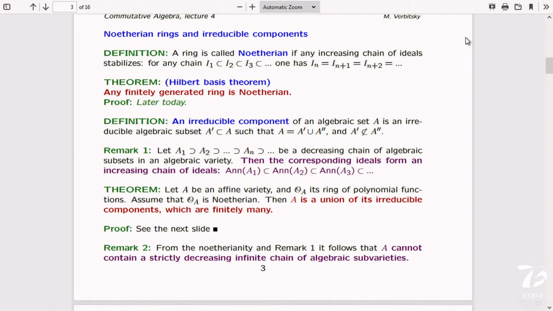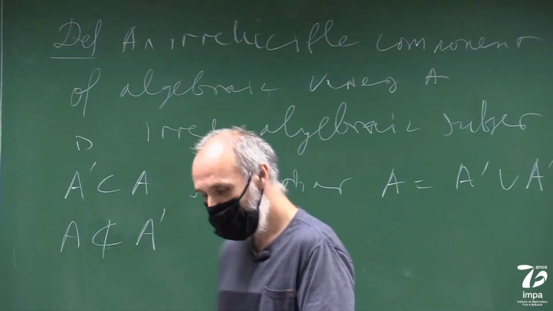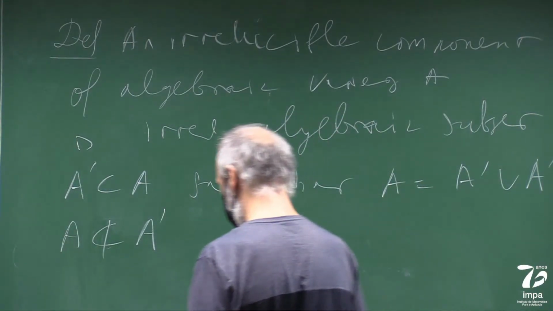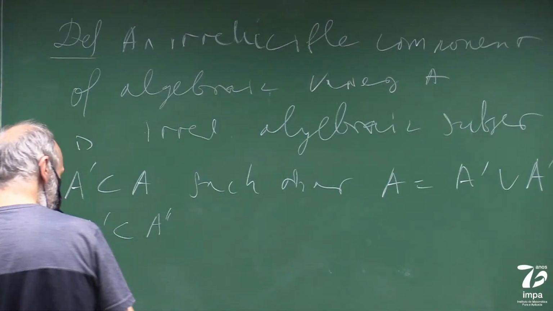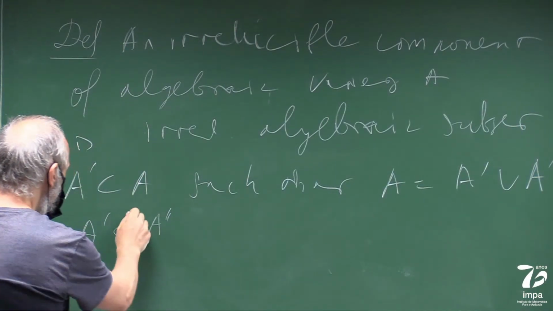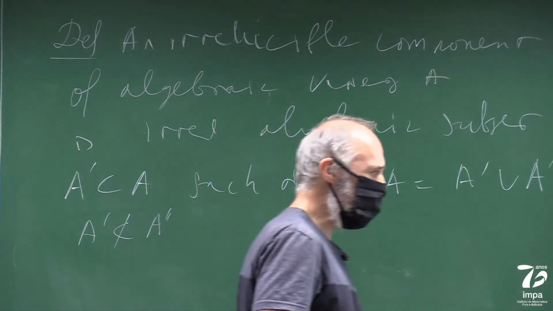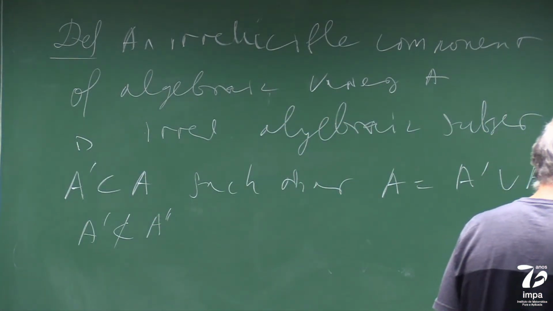So this is strictly smaller. Well, sorry, the last condition should be that A' doesn't belong to A'', of course. Otherwise, you could consider a line inside C2, and this would be a bad condition. Okay.